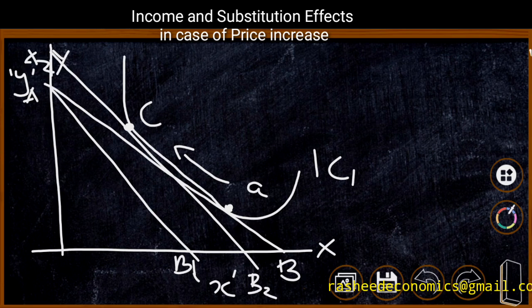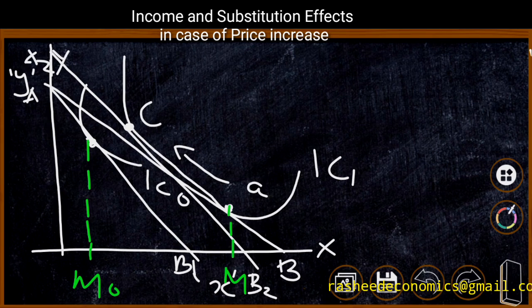And if the gift packet of money is removed from the consumer, consumer will be moved to the income price line AB1, that is income price line after the increase in price of the commodity, and that point is identified on IC0. As per this analysis, the initial consumption point was A and corresponding consumption is OM, and when price of the product is increased, consumption moves from OM to OM0, that is this movement is the price effect.